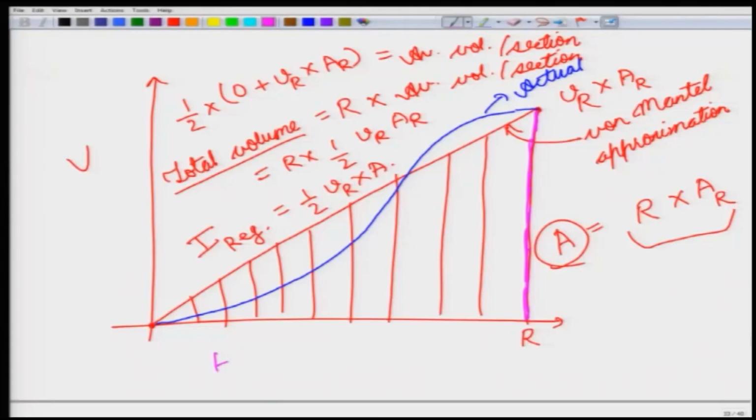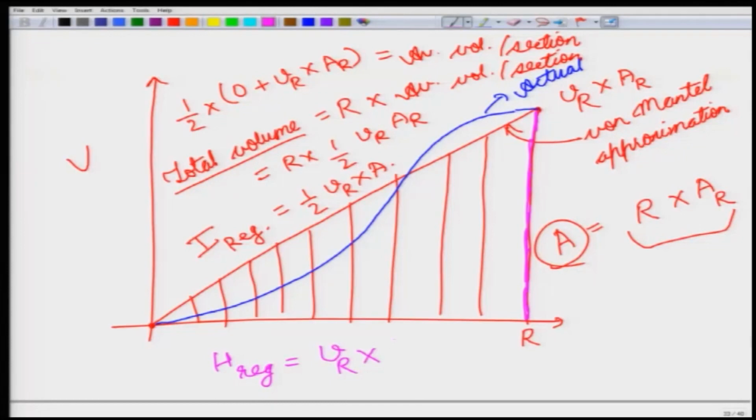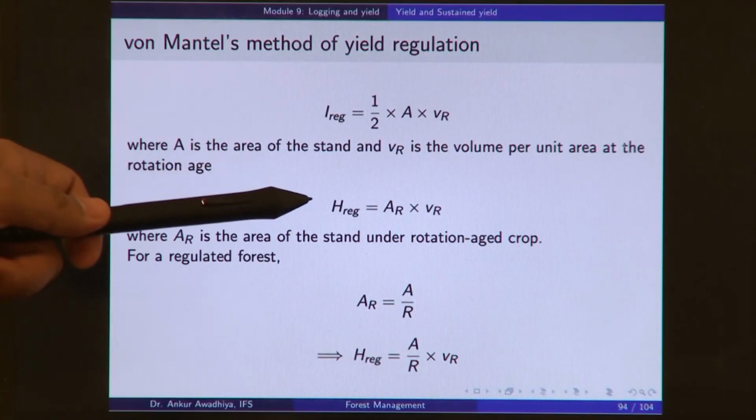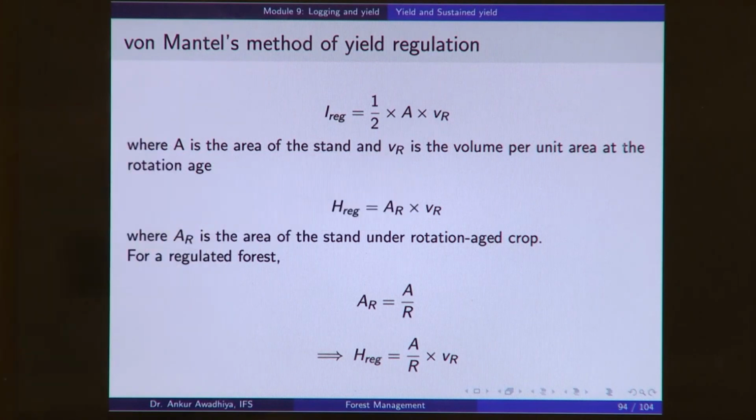The amount that you will be harvesting in the regular forest is given by V_R, which is the volume per unit area at the rotation age, multiplied by A_R, which is the area of this particular coop. So, H in a regular or ideal forest is A_R into V_R.